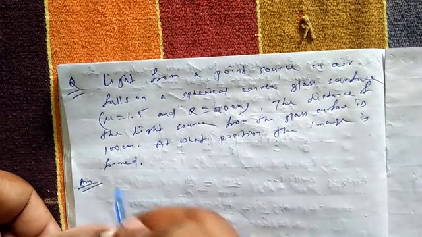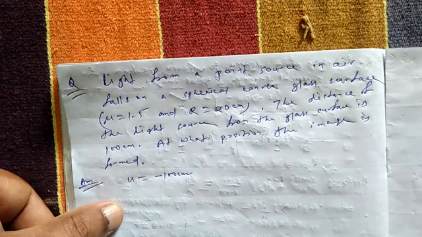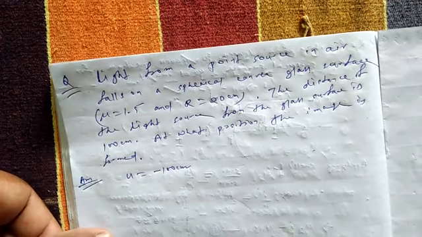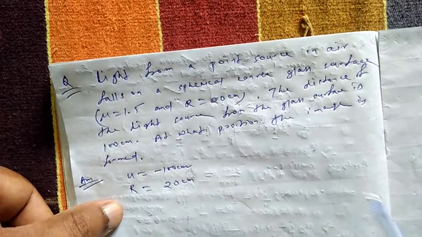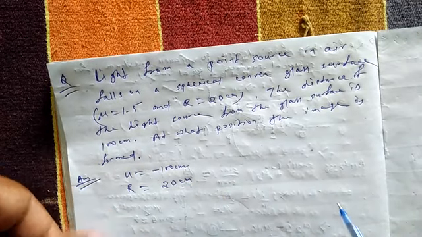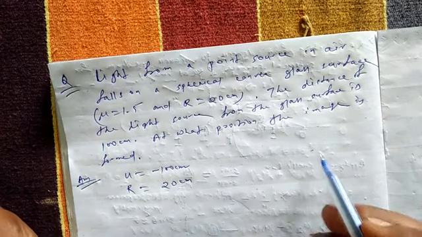So here object distance u is equal to minus 100 centimeter. Radius of curvature is equal to 20 centimeter. Remember here the refraction takes place from rarer to denser medium.